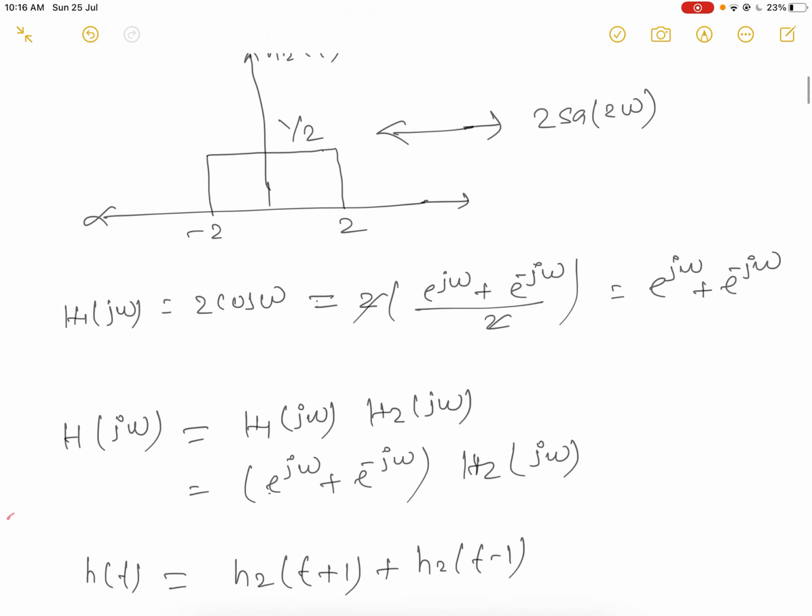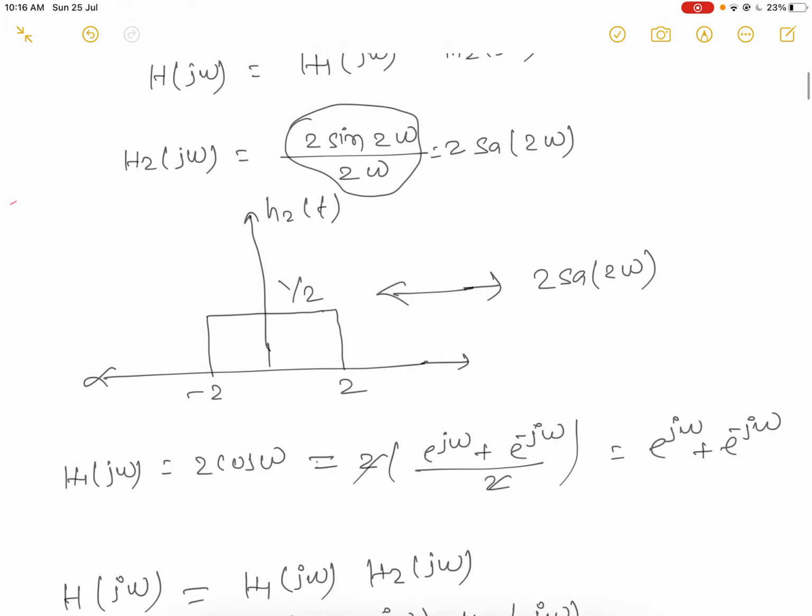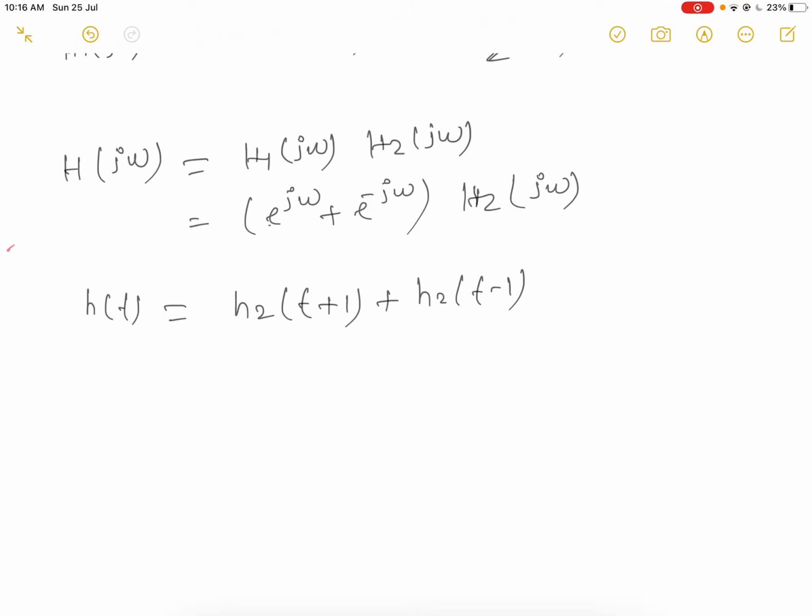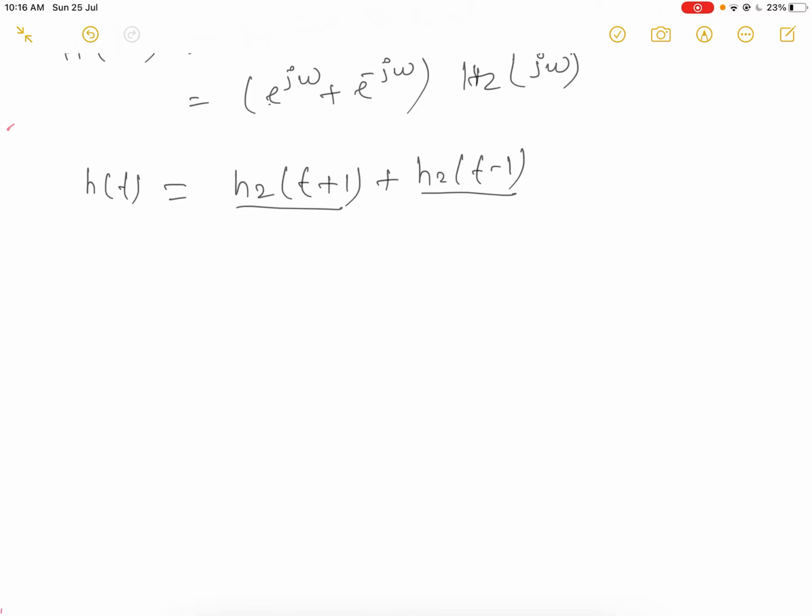We know the graph of h2(t). Now we have to find h2(t+1) and h2(t-1). First find h2(t+1). It will shift 1 unit in which direction?